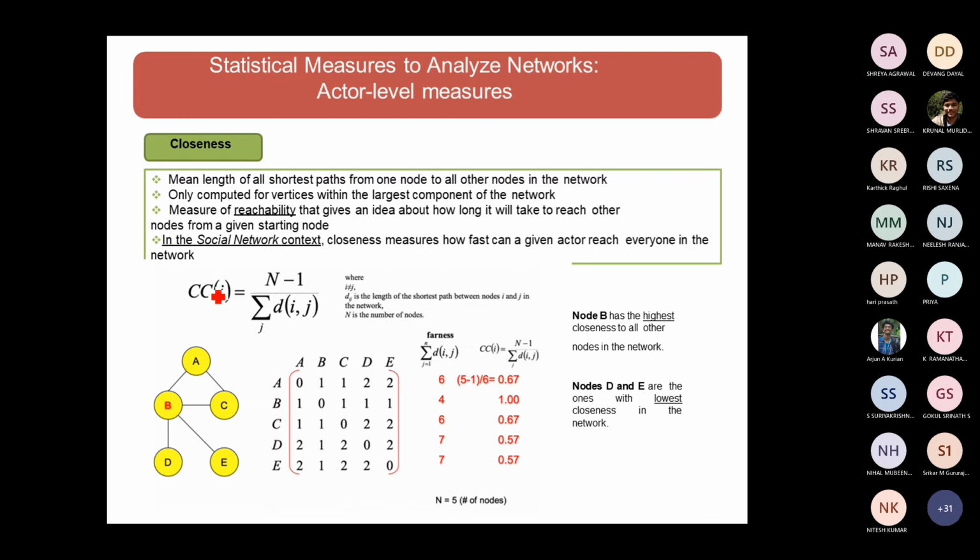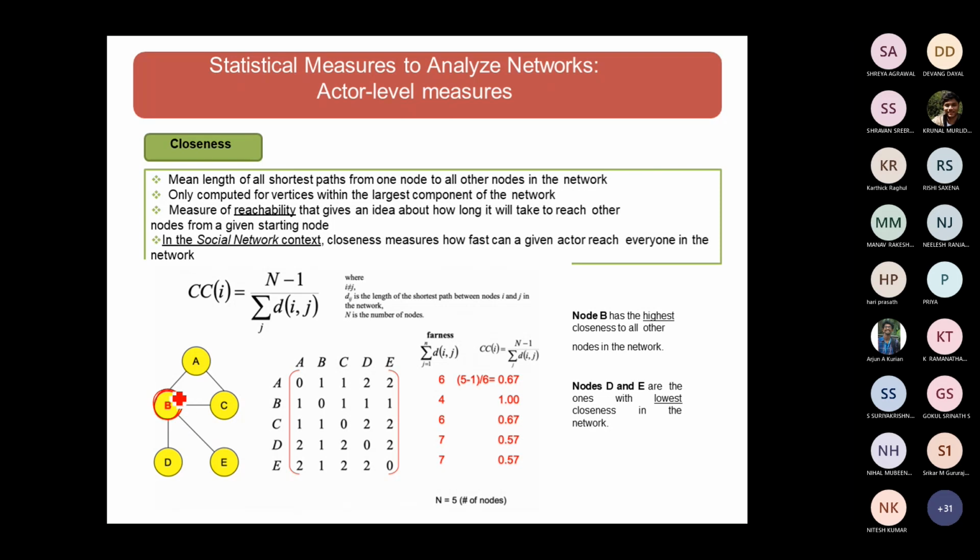Closeness centrality. Closeness centrality is a measure of how a node can be selected from the given graph so that if I start from that node, I will reach the maximum number of all other nodes in the network. Such a node will have the highest closeness centrality.